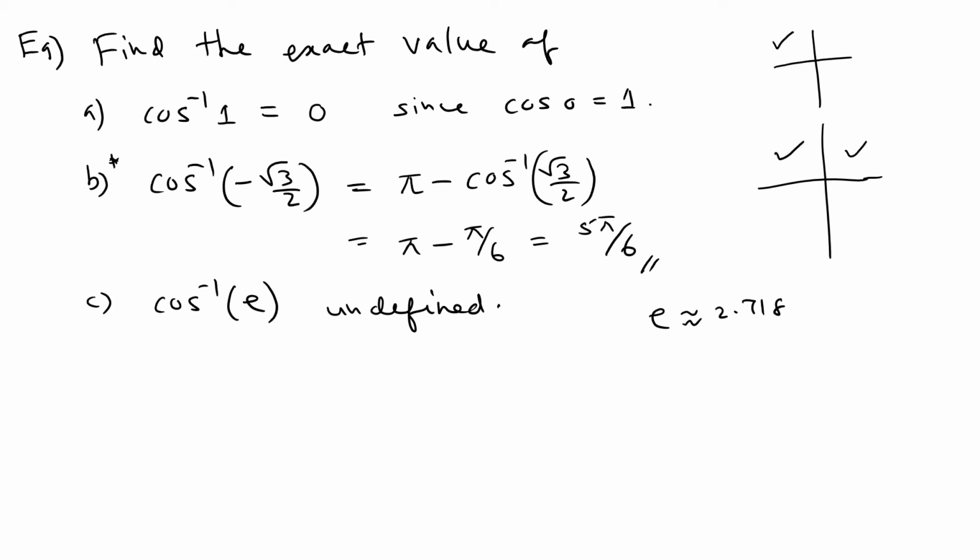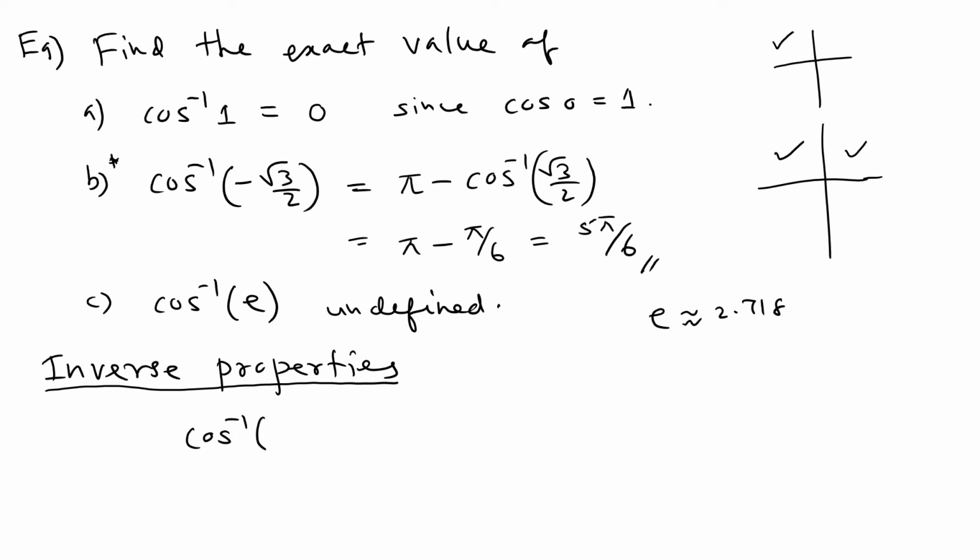There's no such value. Okay, so let's talk about the inverse properties as before. From the inverse properties, we can write these two relations. Cosine inverse of cosine x equals x, if x is in the proper domain, so that means 0 to pi. That's the domain we pick so that the function is one-to-one.